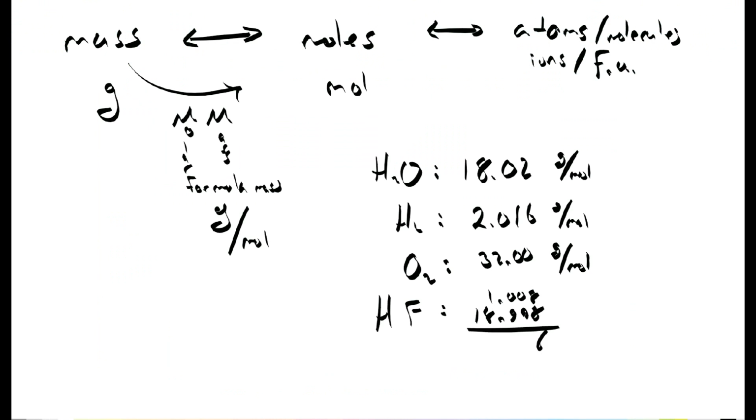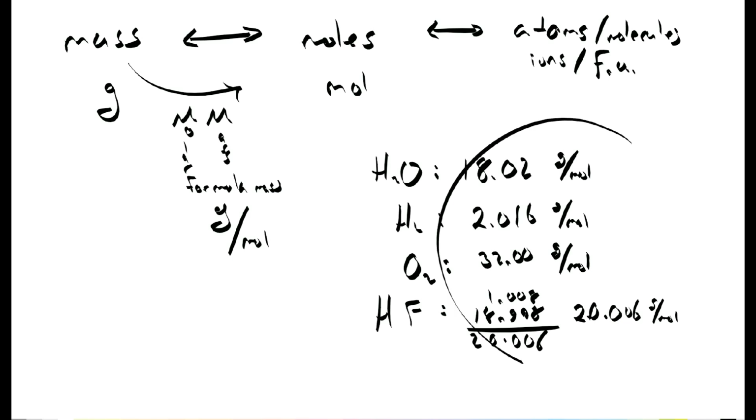That gives us a molar mass or formula mass for hydrogen fluoride of 20.006 grams per mole. So converting in between mass and moles, you're going to use the molar mass or the formula mass.